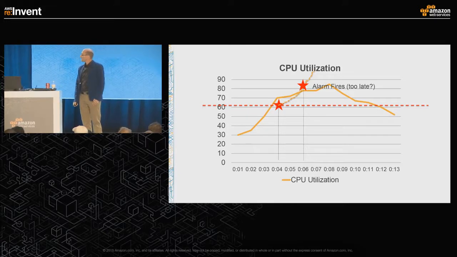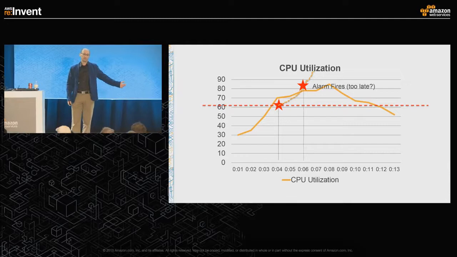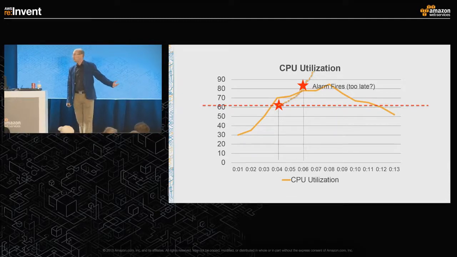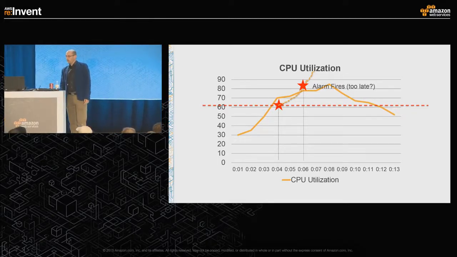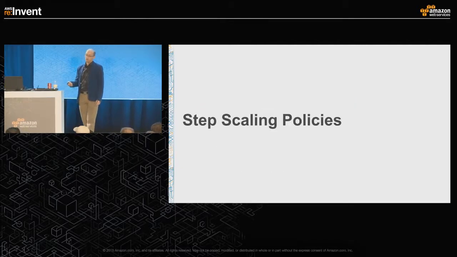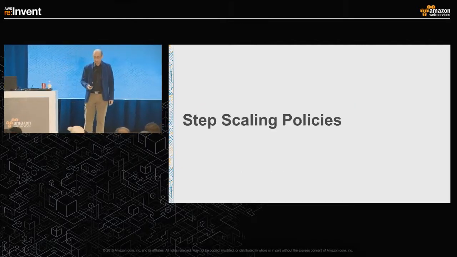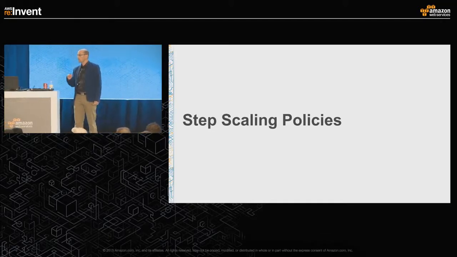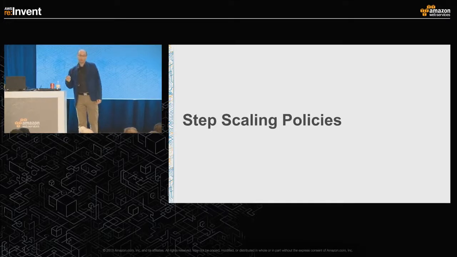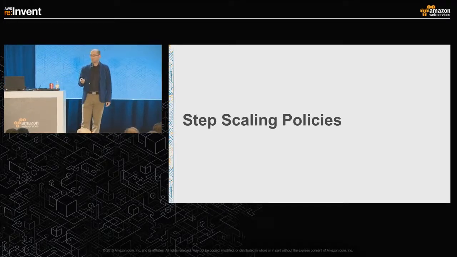We were almost at 90%, something like that, which might be too close to launch additional capacity and bring that online before you run out of capacity and before customers start seeing errors. And that's the main reason why the autoscaling team launched step scaling policies in the last year, because they address this particular challenge, and they give you a bit more flexibility on how aggressively you want to react to breaches in your metrics.